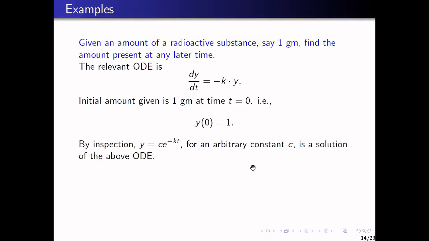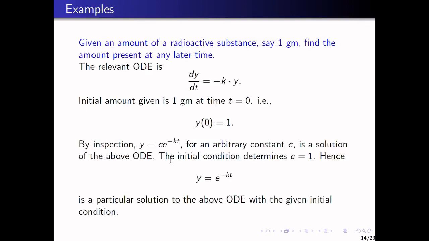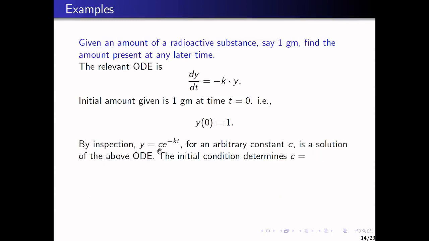Now what happens if the initial condition is given to you is that you can determine the constant c in most of the cases. We take the initial condition and substitute it in the given solution. So here if we substitute t is equal to 0, then y is equal to 1.